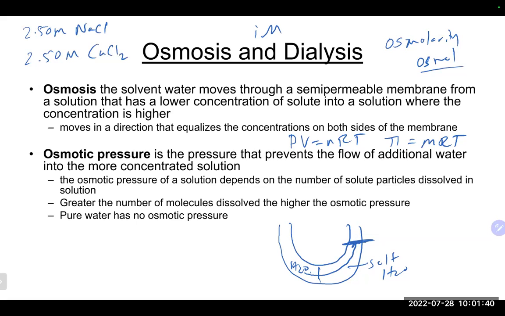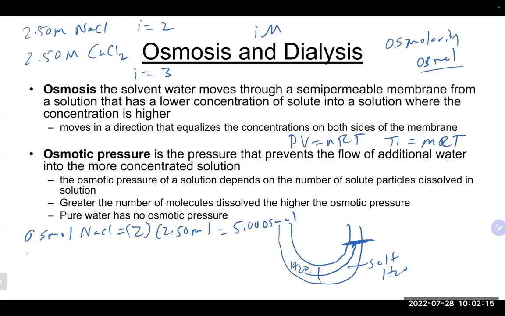If we compare the osmolarity of each of these cases, as we talked about earlier, i in the first case would be 2, given a sodium ion and a chloride ion gives us 2 for i. For our calcium chloride, we would get a calcium and 2 chlorides, which would give us an i factor of 3. So in this particular case, the osmolarity for our sodium chloride would be 2 times our 2.5 molar, which gives us 5 osmolarity.